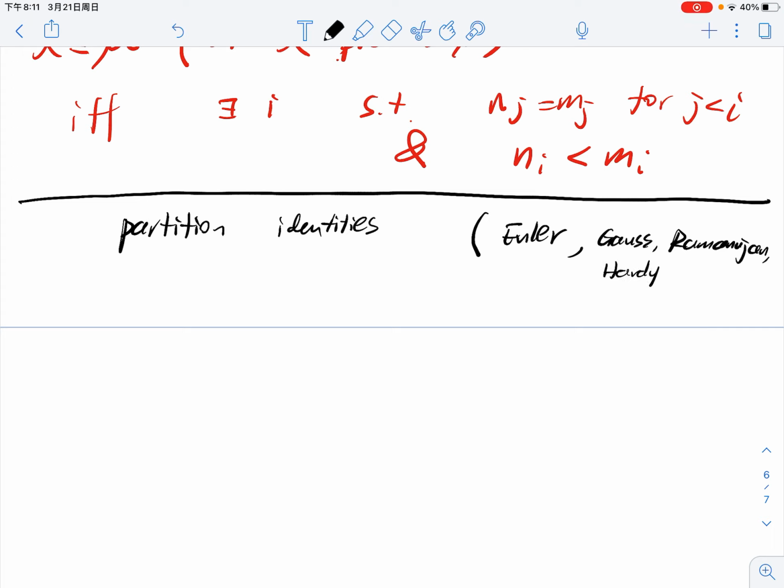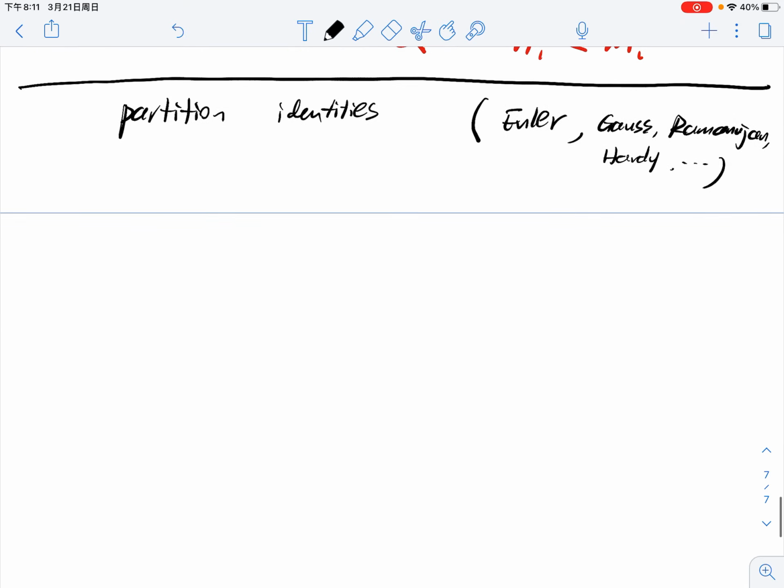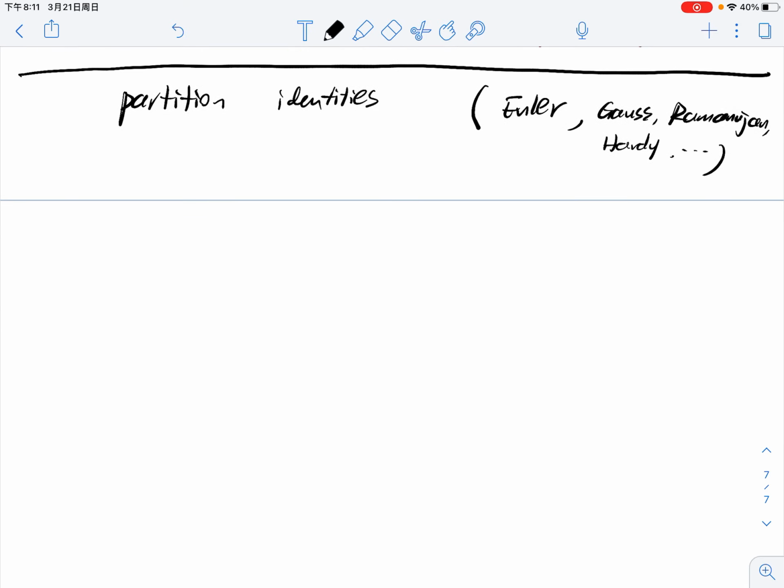Actually, Hardy and Littlewood just gave rigorous proofs for Ramanujan's work. And if you want, I believe this would be a good topic for some reading report. You can find some nice partition identity paper and then introduce them, and learn something from there.